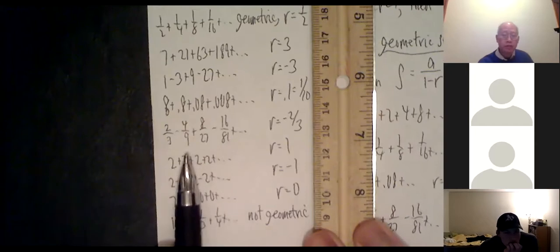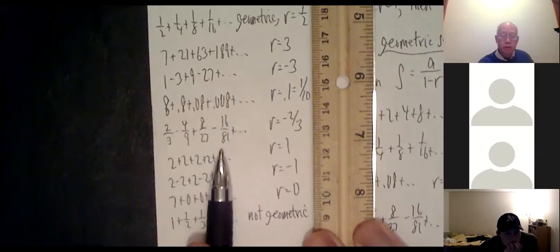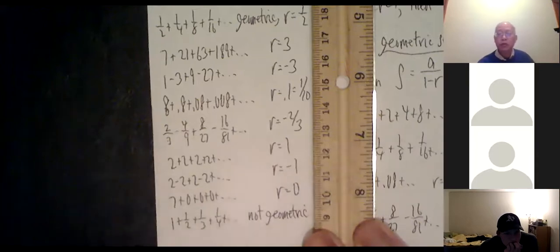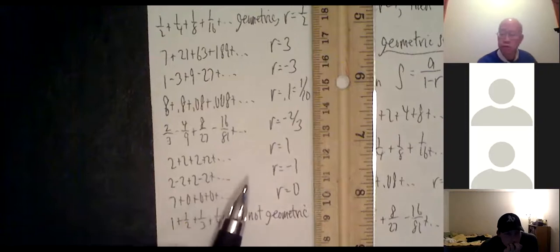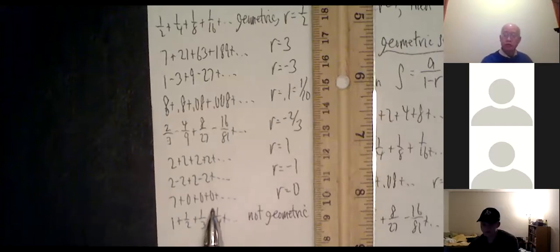So the sum is 2, now the sum is 0, now the sum is 2, now the sum is 0. So it bounces back and forth between 2 and 0. So do we approach a number, any one number? The answer is no. So this series diverges. How about this one? 7 plus nothing plus nothing. Okay, that definitely converges. And you know what it converges to. Doesn't matter how many zeros I add, it converges to 7.